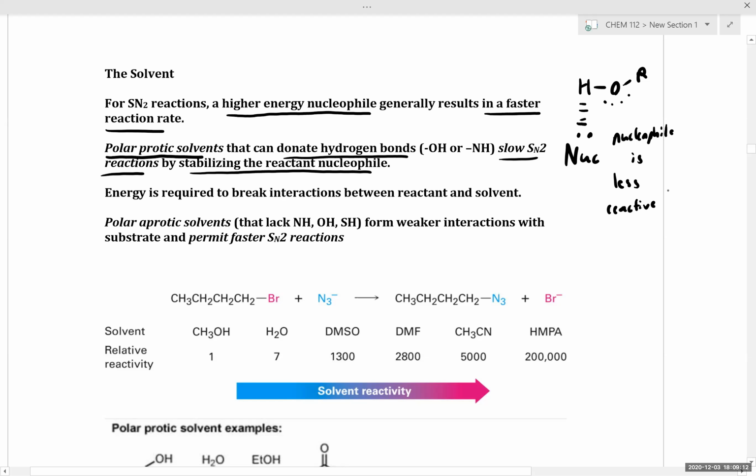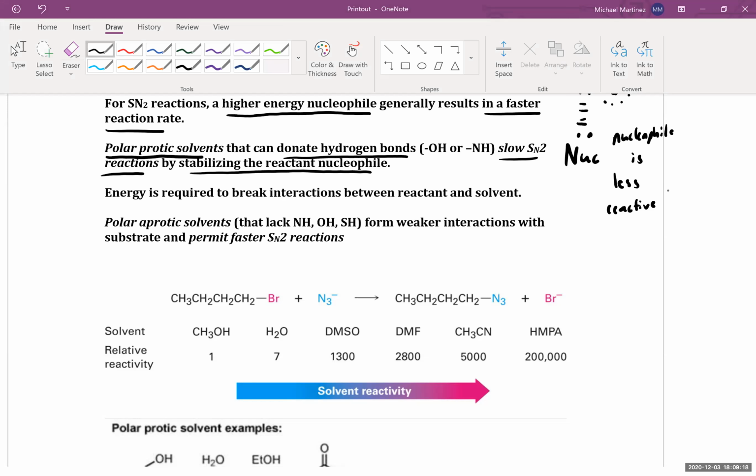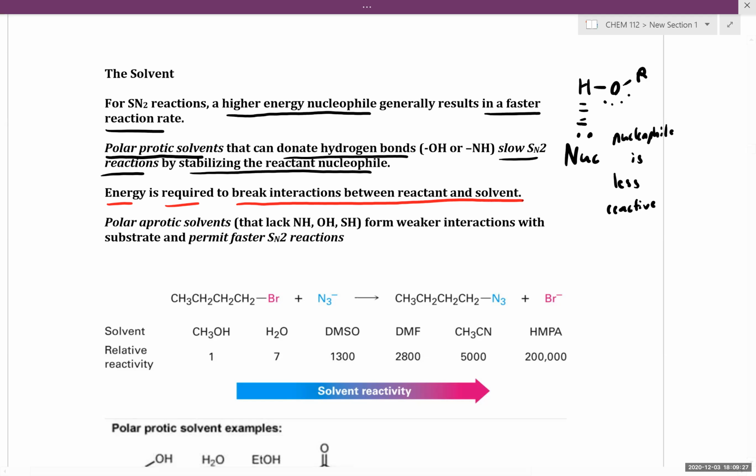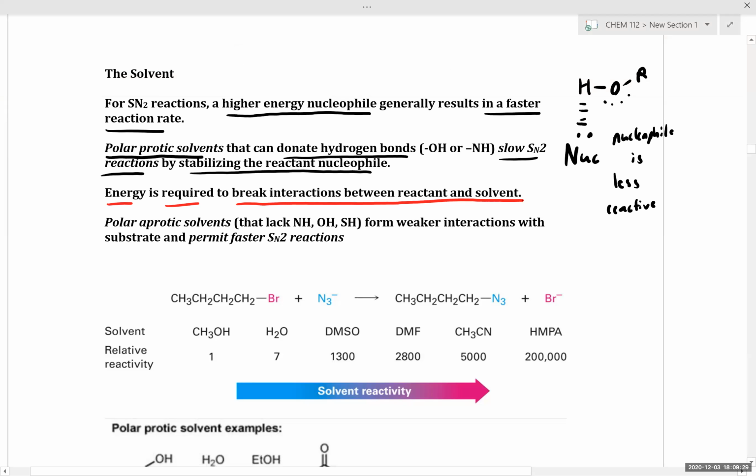Does that make sense to everyone? Another way that we can think about this is that energy is now required to break interactions between the reactant nucleophile and the solvent.